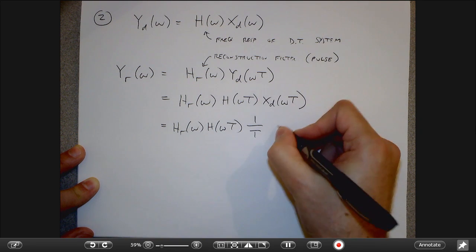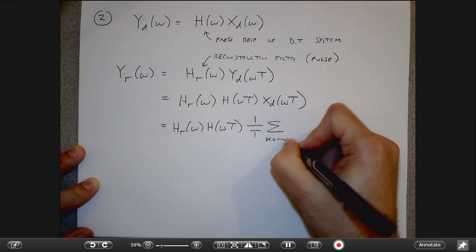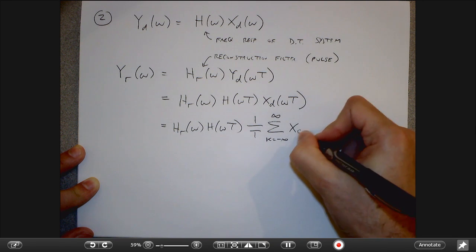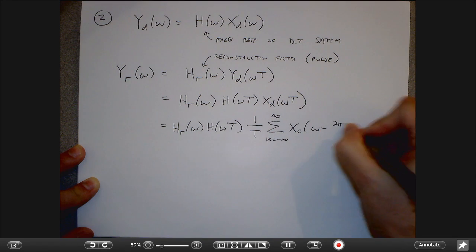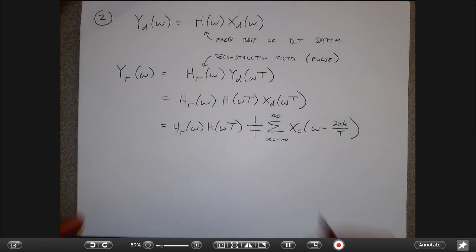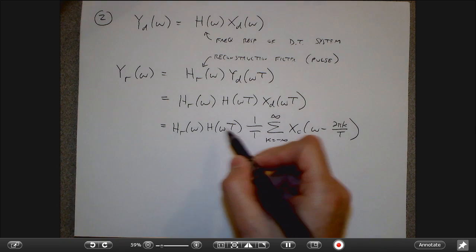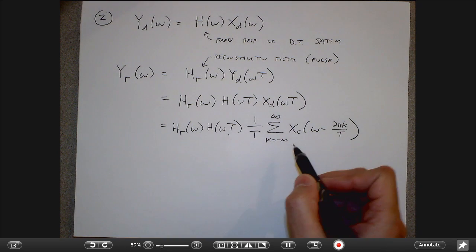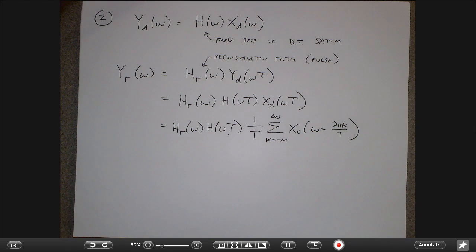Here is the spectrum of the original input. Okay. And so now I'm going to step back and think about the continuous time filter, which is basically a combination of the low-pass reconstruction filter, whatever the original discrete time system was doing, and these copies of the frequency response.